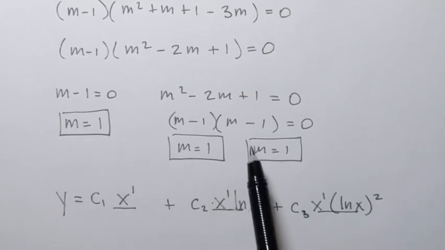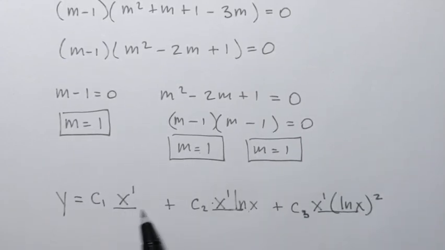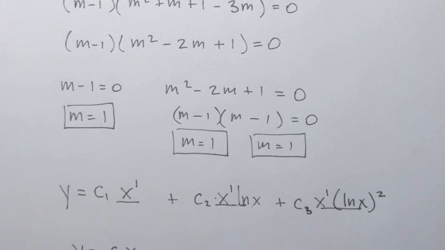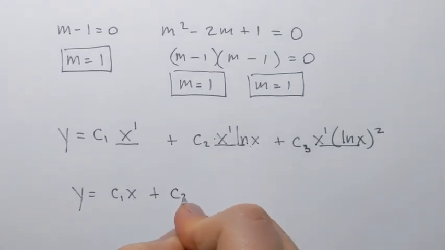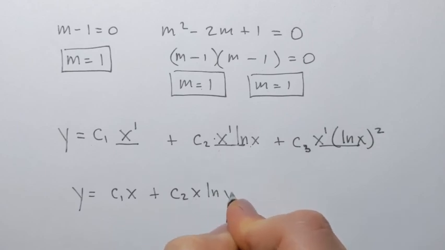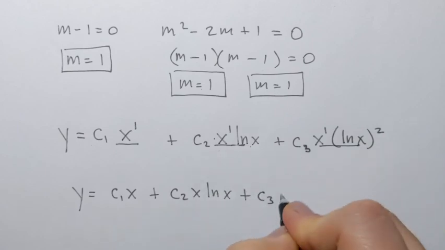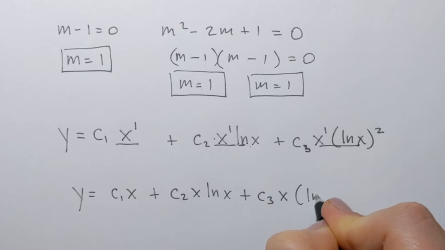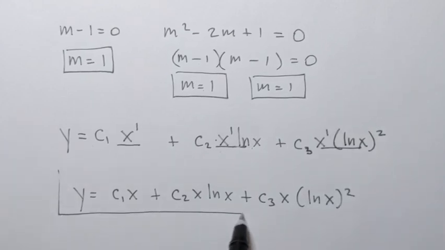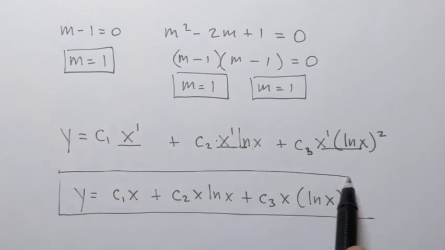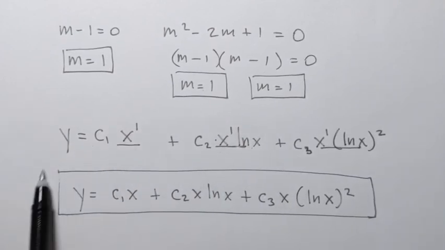And if I had more than 3 repeated solutions, I would continue in that manner. But let me just write it out nicely. C1x, and then power 1 means that it's just x. C1x plus C2x ln of x plus C3x ln of x squared. So that's going to be the general solution to our equation.